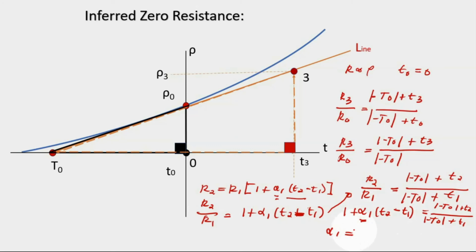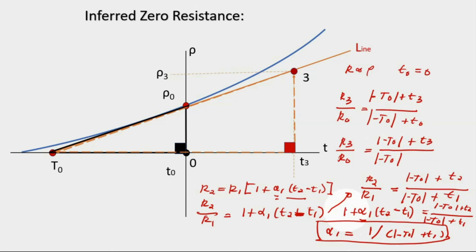Alpha 1 is actually equal to 1 over the absolute value of negative T sub O plus T sub 1. So this formula here is also the temperature coefficient of the material at condition 1 using this relationship.